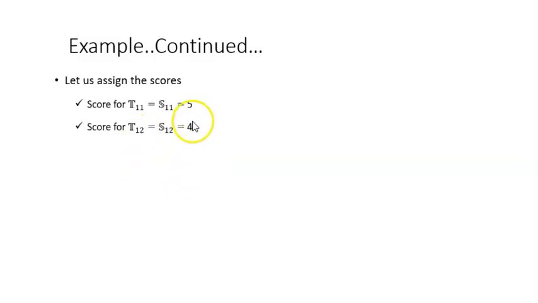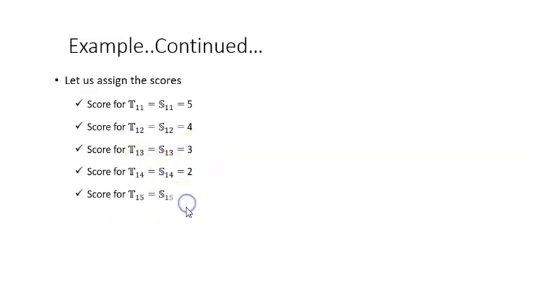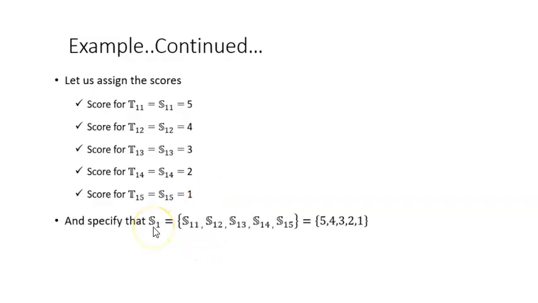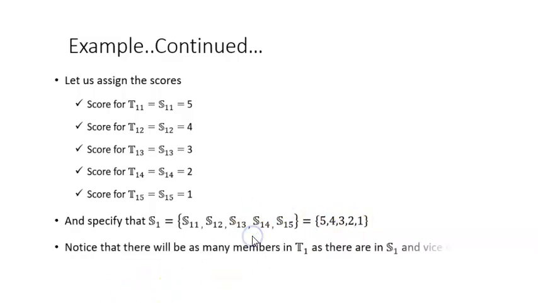Let us say for T11 the score is 5, for T12 the score is 4, for T13 it is 3, similarly for T15 it is 1. Hence we say that the set of scores S1 is 5, 4, 3, 2, 1. Notice that there will be as many scores as there are threshold values. That is, the number of elements in T1 and the number of elements in S1 is the same.